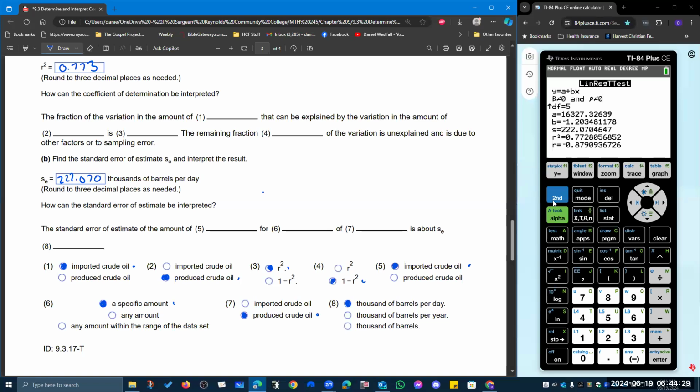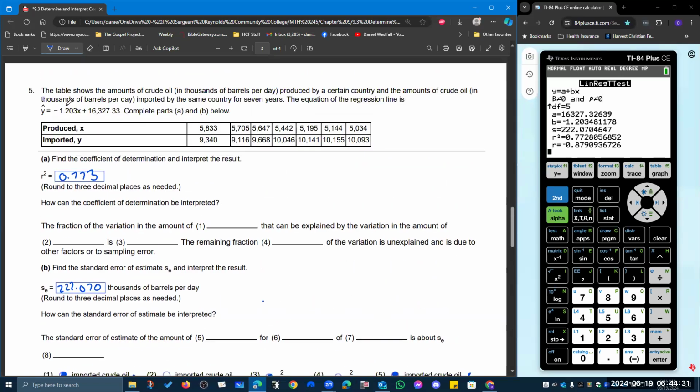There we go. Now let's talk about how to get that 222.070 by hand because there's a reason they gave you this regression equation. I just went ahead and stored the regression equation here from the calculator. It's the same thing, just to more decimal places.